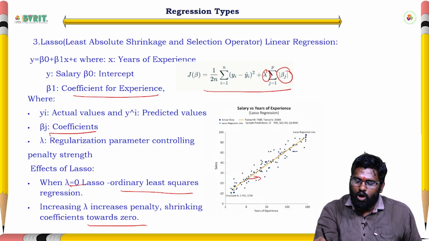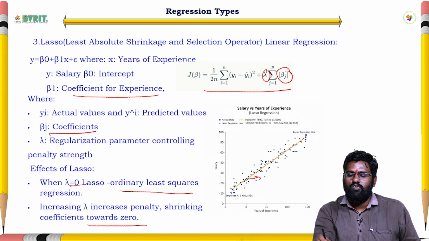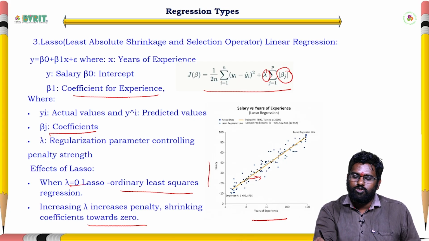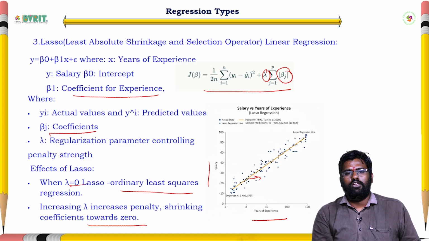All the individual points will be covered, but simple linear regression covers only a few points with the line. Here we cover all the points in years of experience and salary. So it draws the line and covers all the points in detail. That is about lasso linear regression.